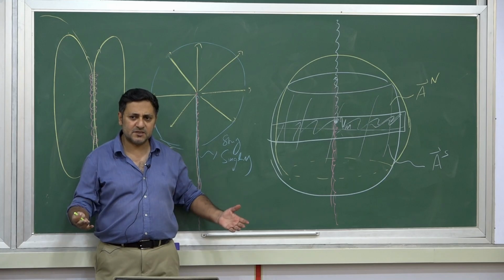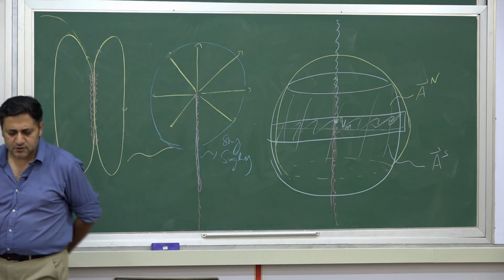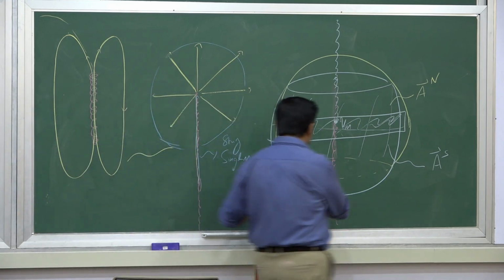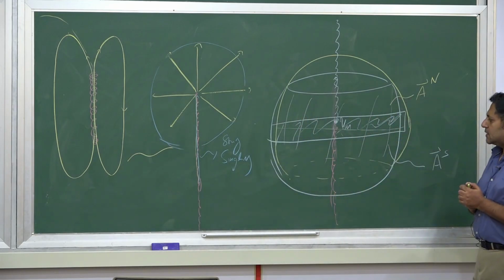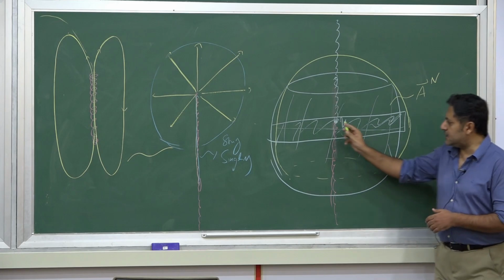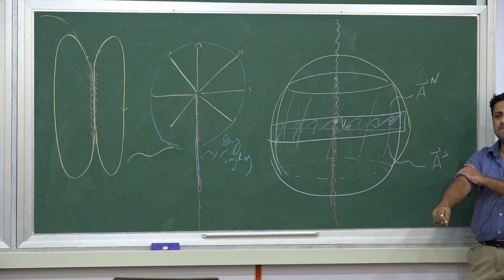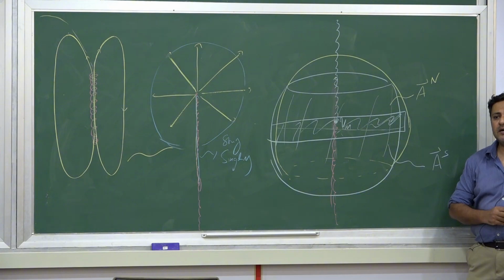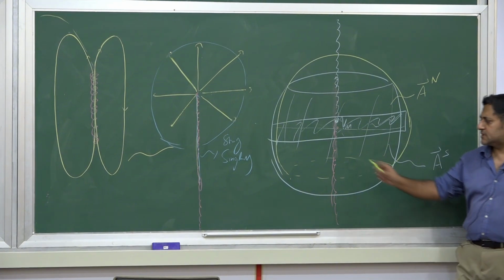But there are other ways you can see that as well. So for example, you can do an interference experiment. You might say, okay, there's a string over here, and I don't care if there's a string.